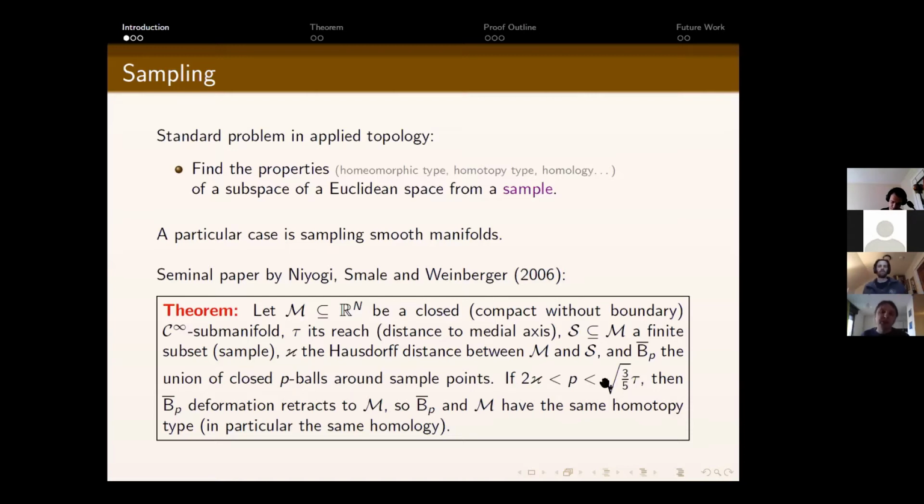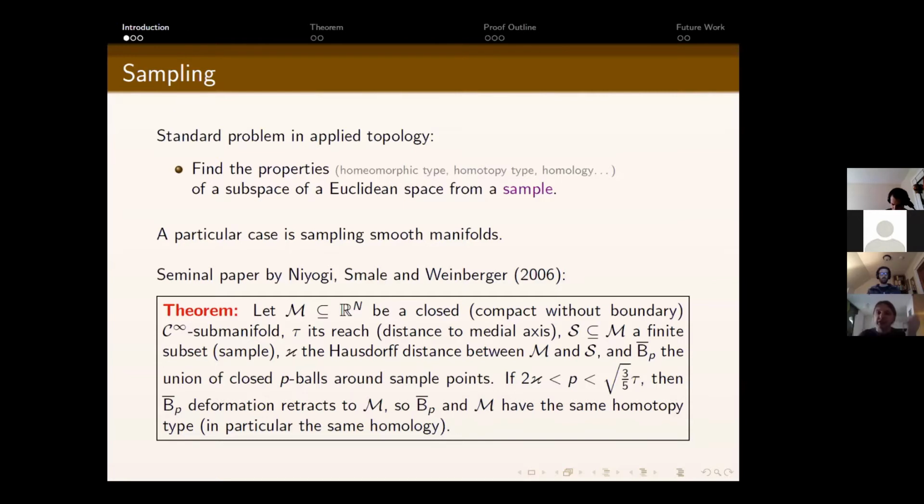So if you satisfy all of these conditions, then the union of these balls around sample points will be homotopy equivalent to your manifold. It deformation retracts to the manifold via the most standard method. You deformation retract each point in this union to the closest point on the manifold along the direction which is normal to the manifold. And in so doing, you can determine the homotopy type of this unknown manifold from the sample.